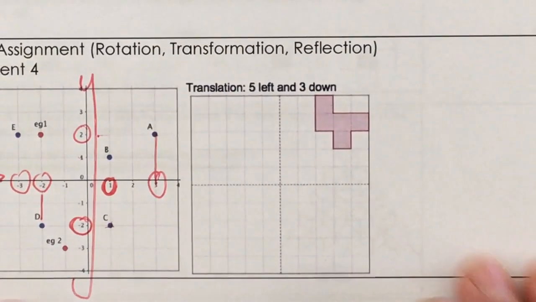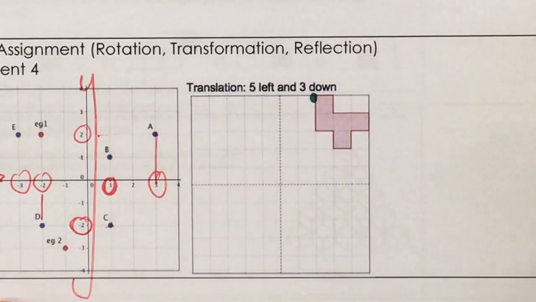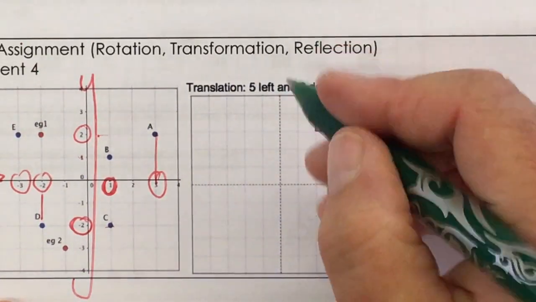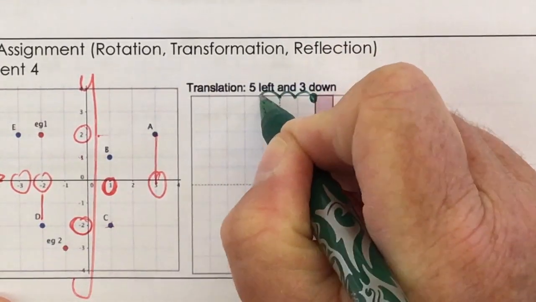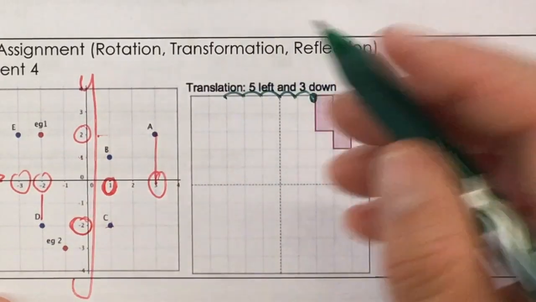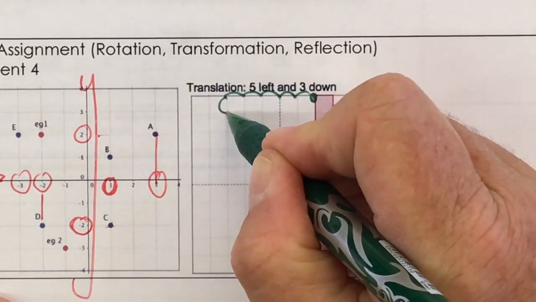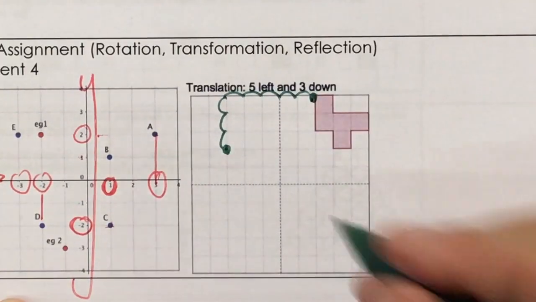Right, transformations. Pick a spot on your drawing and then count it. 1, 2, 3, 4, 5. From there, it says down. 1, 2, 3. So now you must draw from the dot.